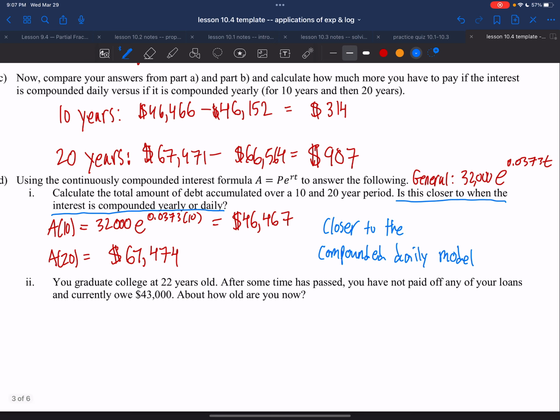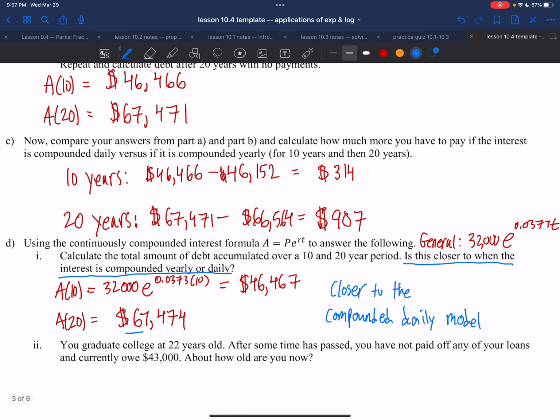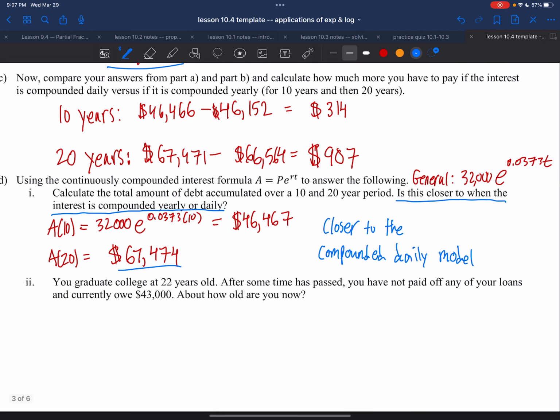And you might, if you'd like, underline this and underline that, so you can see the similarities here. Okay? And that's it. It was just a comparison here. And this makes sense because earlier we said that the continuously compounded interest formula is just when you increase n into infinity.